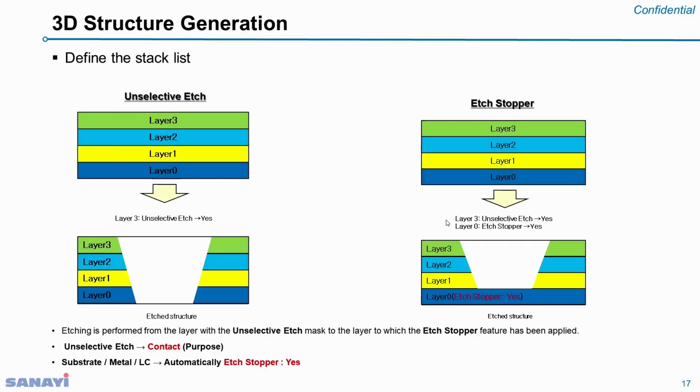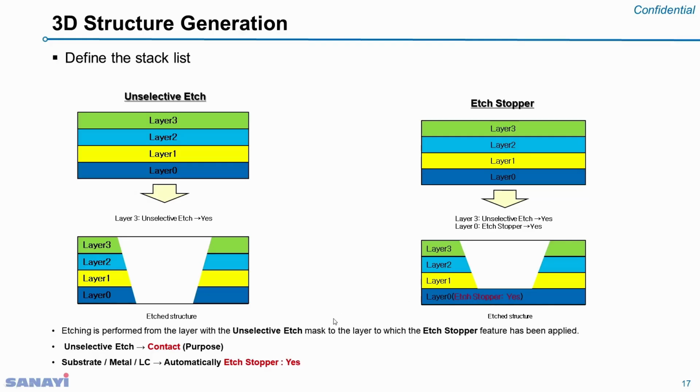And look at the second example. For layer 3, unselective etch is set to yes, and layer 0 is an etch stopper. In this case, the etching process is performed from layer 3 to layer 1 because layer 0 is an etch stopper.